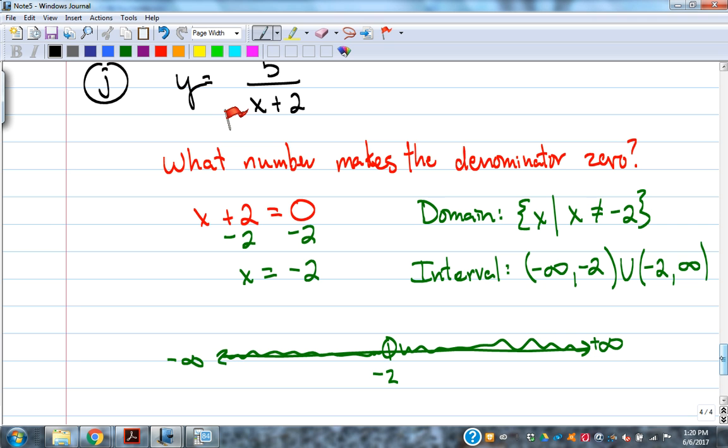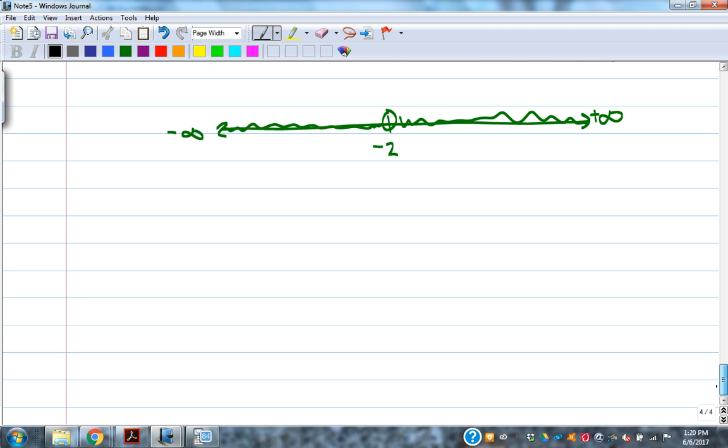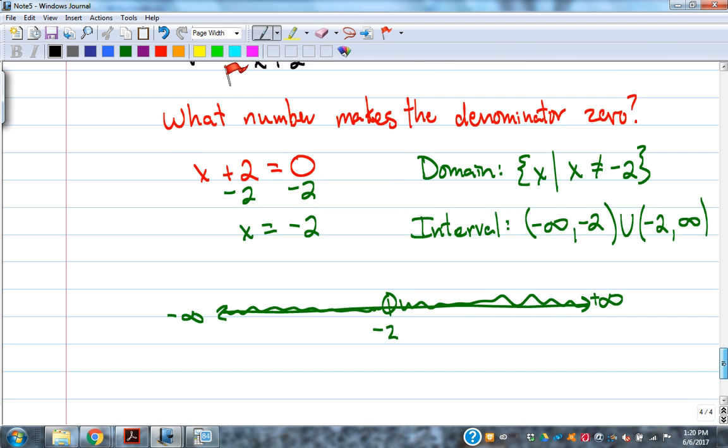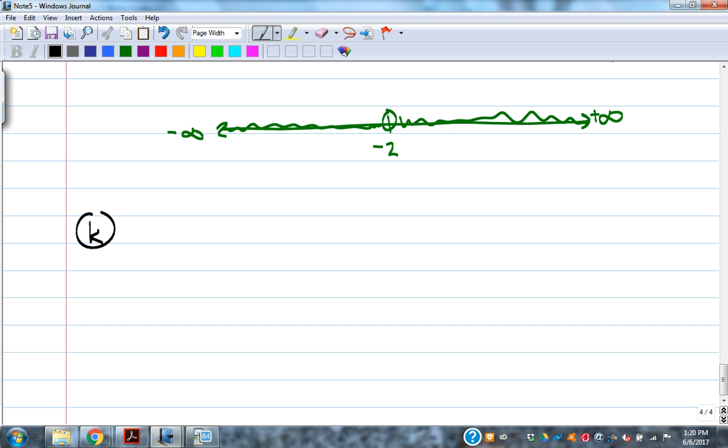Okay, so let's look at example K. Example K: y is equal to the square root of x minus 5. Do we have any red flags? Yeah, we got a square root right there with an X inside of it. That's a problem.